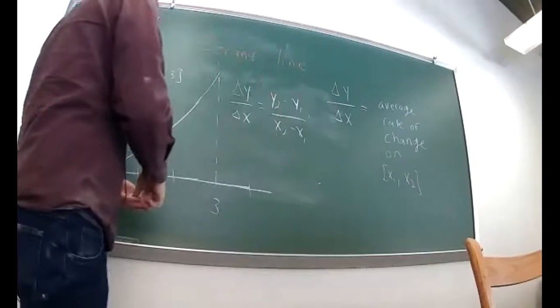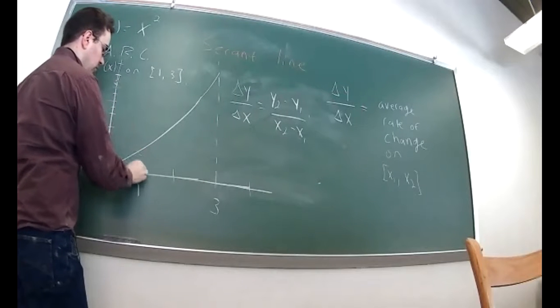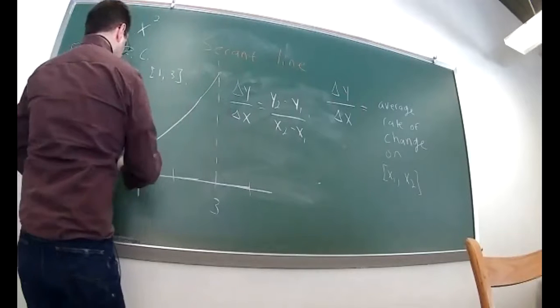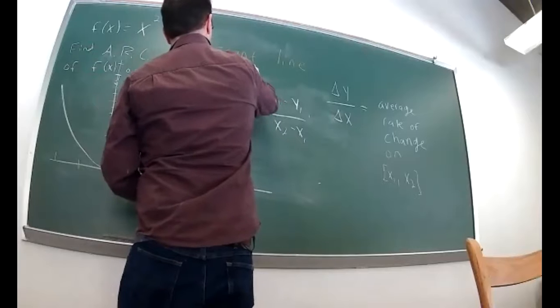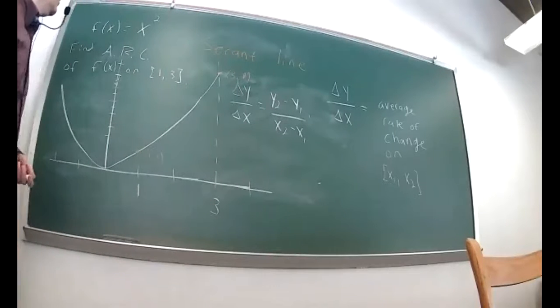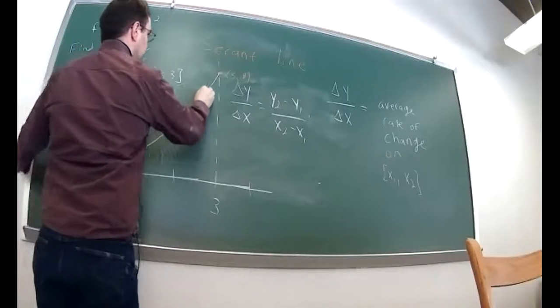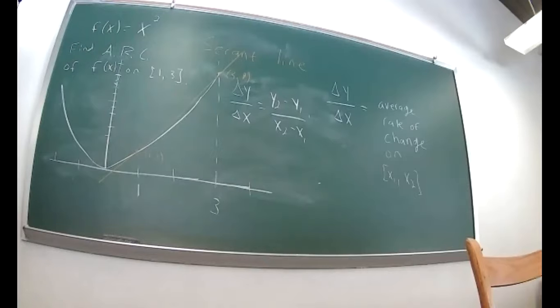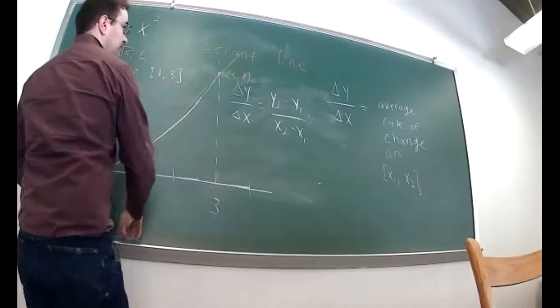That is to say, it's the slope of the secant line from the point over x equals 1 to the point over x equals 3. So this point is 1, 1, and this point is 3, 9. Then you can think about drawing the line between them. The slope of this secant line is the average rate of change of x squared on the interval from 1 to 3.